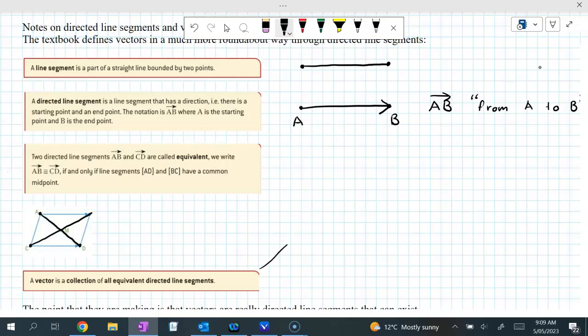So a best guess way to think about this is that a vector doesn't have a particular position in space, whereas a directed line segment does.